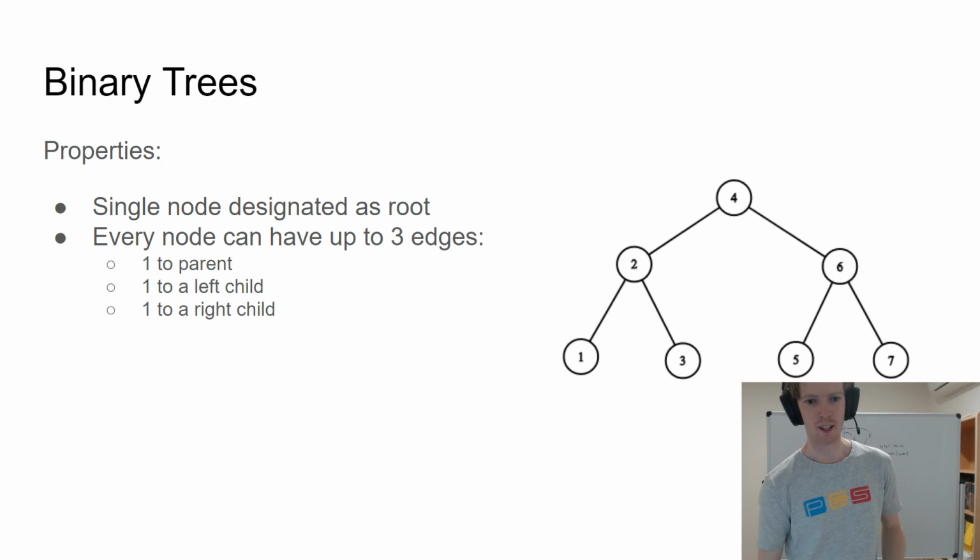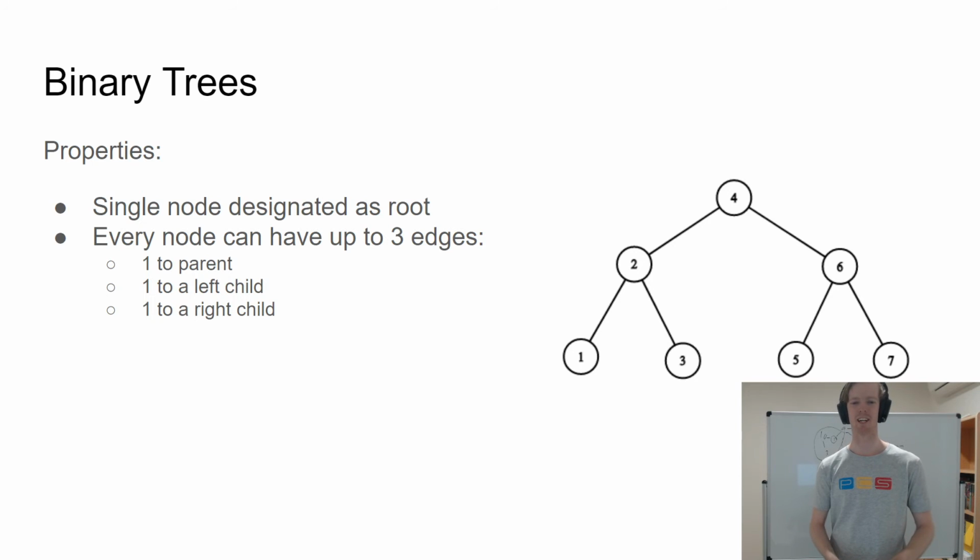Cool. So the first type of tree I'll talk about is a binary tree. It's pretty straightforward. So there's a single node that we designate as its root, and every node can have up to 3 edges. So its 3 edges would be the parent, left child, and right child.